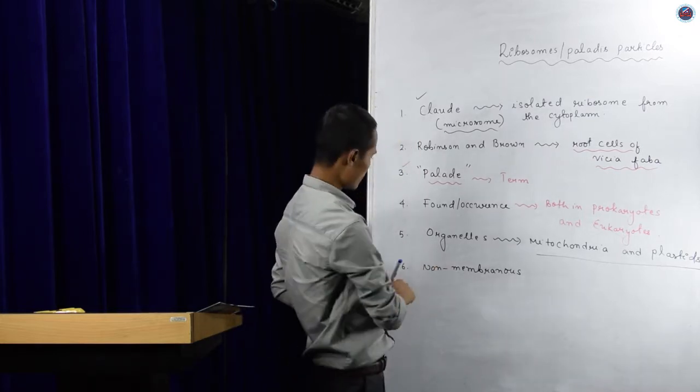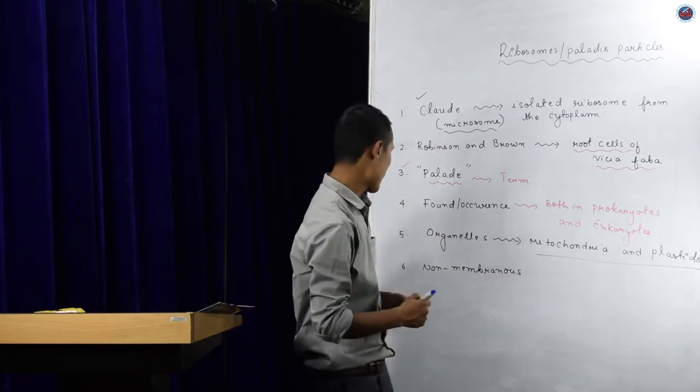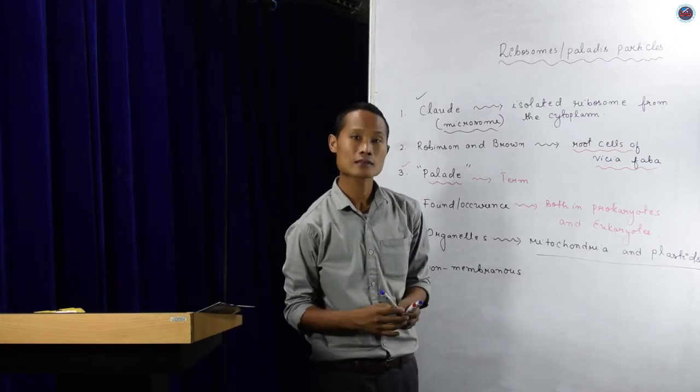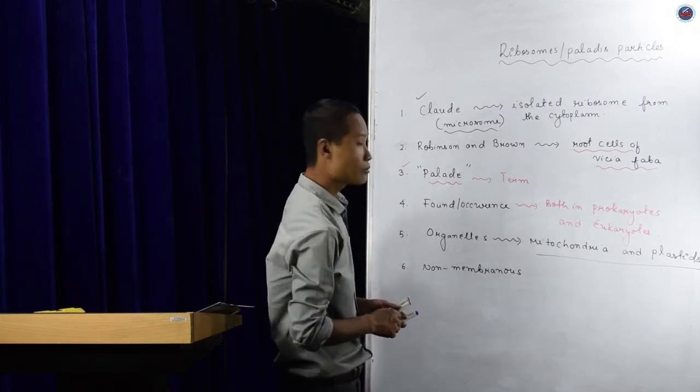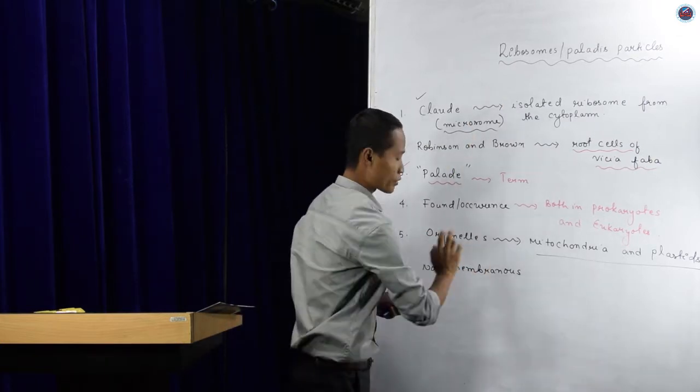Usually ribosomes are non-membranous, they don't have any membrane. Chloroplast and mitochondria are membranous, double membrane structures, but ribosomes are non-membranous.